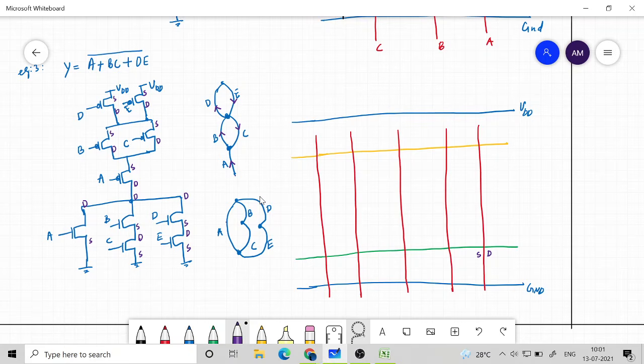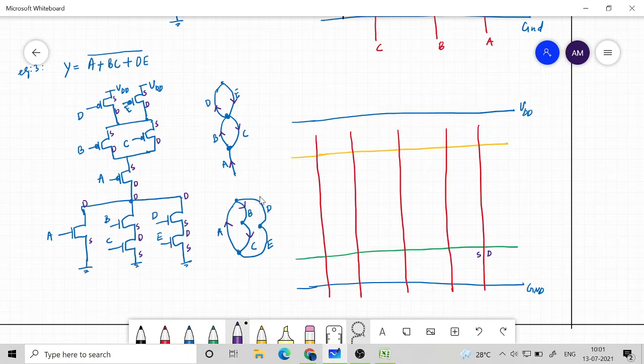I go through A first, then I go through B, but then I have to go through C. You see that there is already a contradiction. Earlier I went through it, so that will not work.